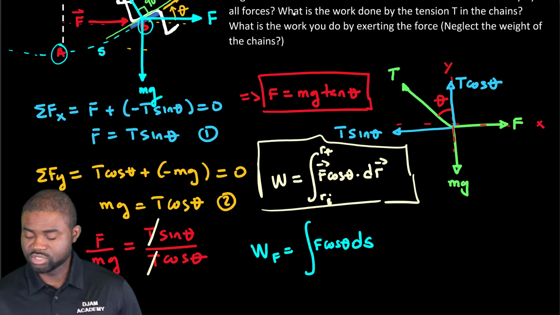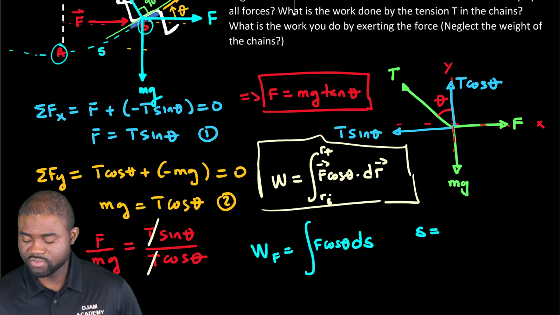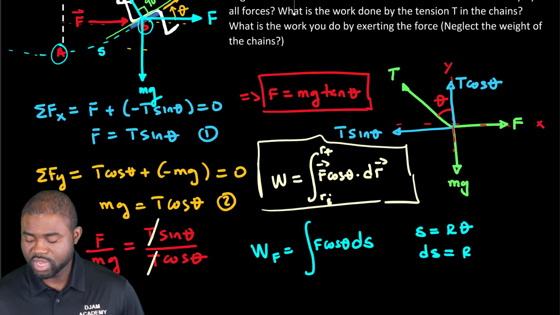By definition, S, which is the arc length, is equal to r theta. This means that ds is equal to r d theta.